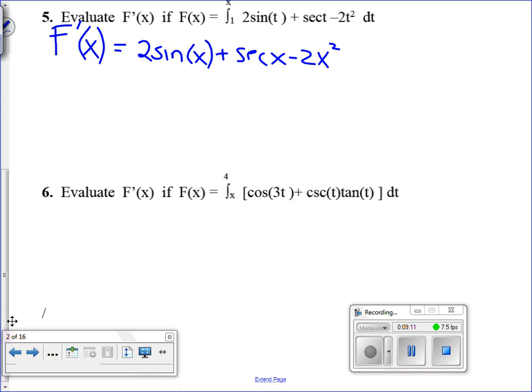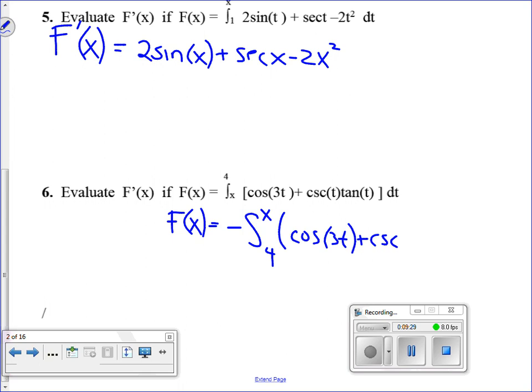For the next one, what we could do before we take the derivative is rewrite the function as negative the definite integral from 4 to x of cosine of 3t plus cosecant t tan t.